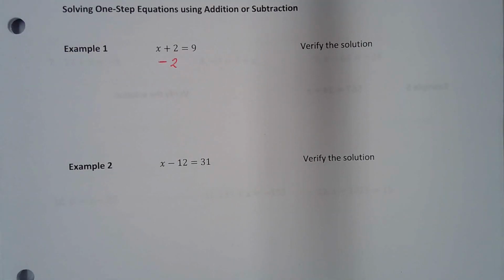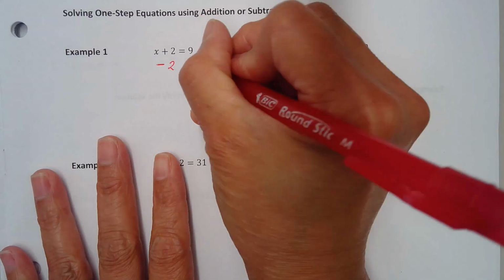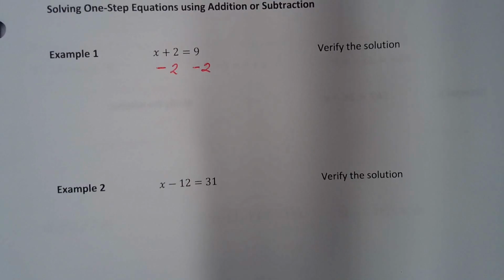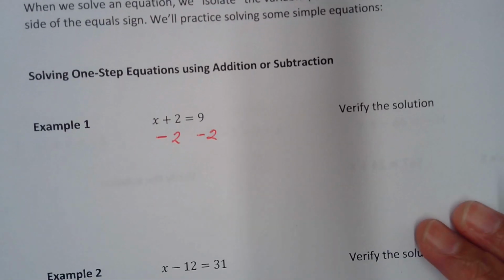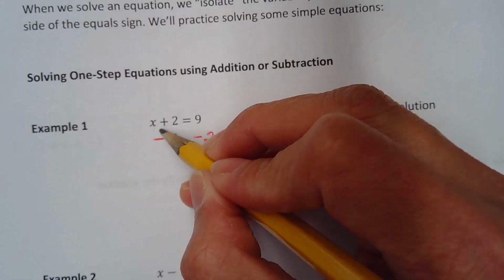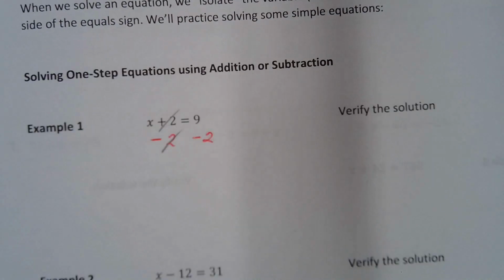Now if I subtract 2 on one side, I gotta be fair and subtract 2 on the other side. So I'm subtracting 2 on the left and I'm subtracting 2 on the right. Adding 2 and subtracting 2 cancel each other out.